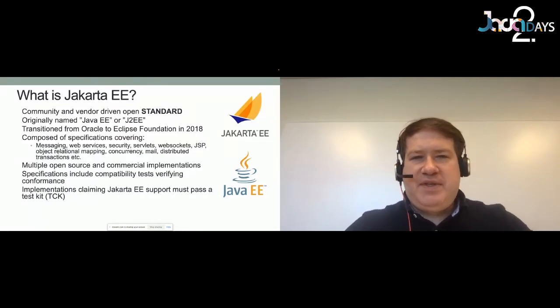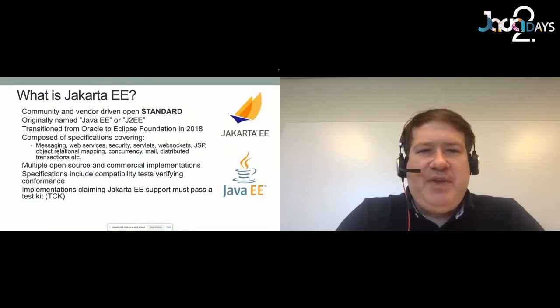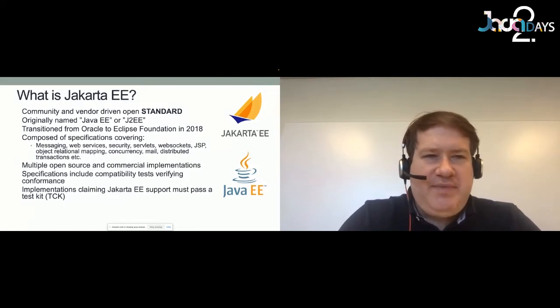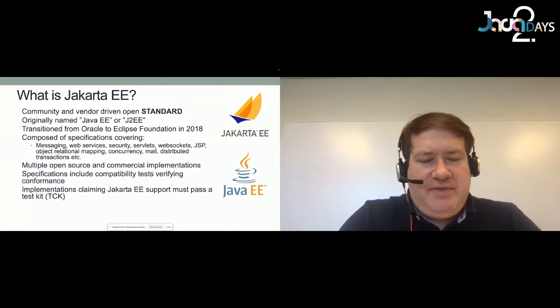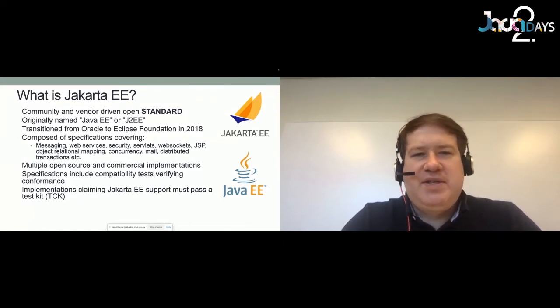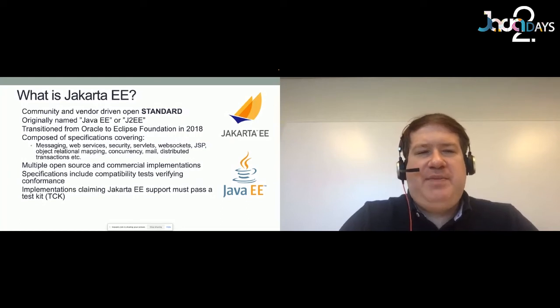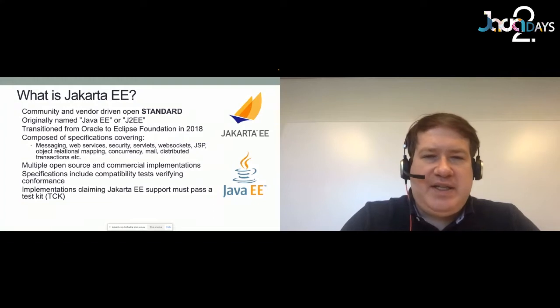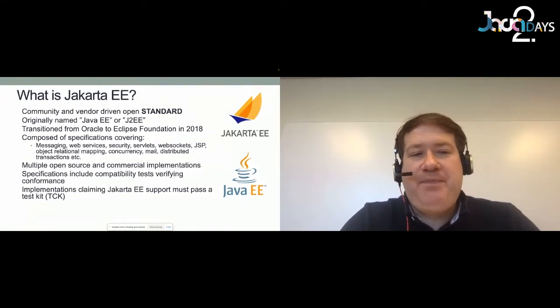So with that, I'm going to dive into what is Jakarta EE. If you aren't familiar with it, Jakarta EE, which was formerly Java EE, is a community and open source, open vendor driven open standard. It was originally named Java EE or J2EE back in the day, probably around 20 years ago.